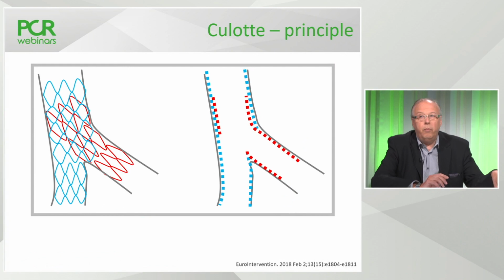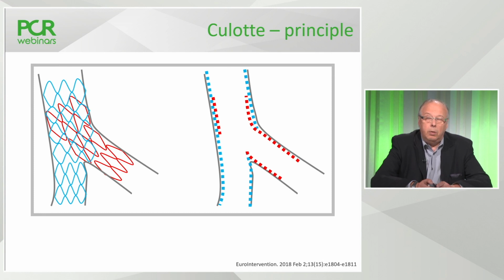If we speak, Bernard, about Culotte, what are the main principles behind the Culotte, and why would you recommend someone select Culotte as the best option if you need two stents up front? Yes, I think the main principle is the full coverage of the bifurcation. And we consider two important things.